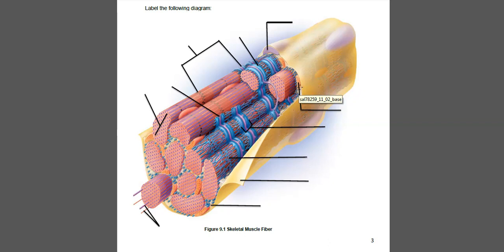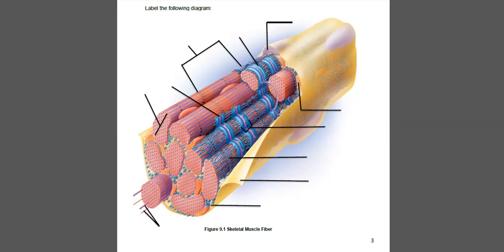Then we get into more of the muscle-specific structures. Let's start with the blue and the purple here. And so two blues and a purple. This little unit here is a triad. Tri for three. This is a triad.